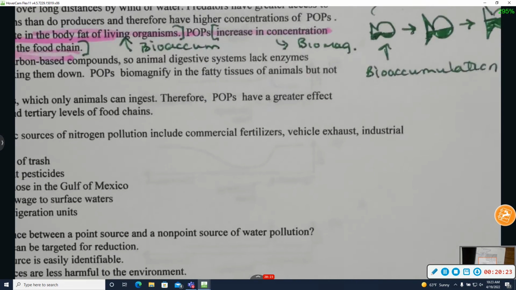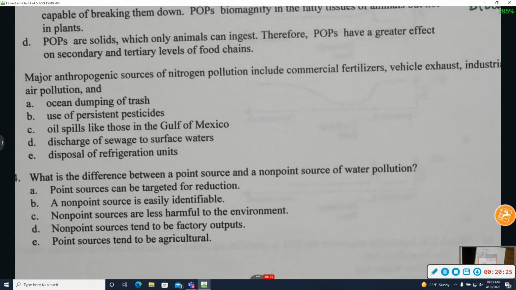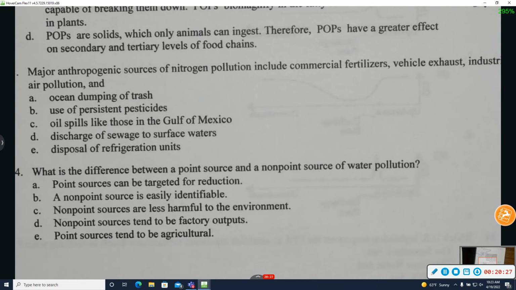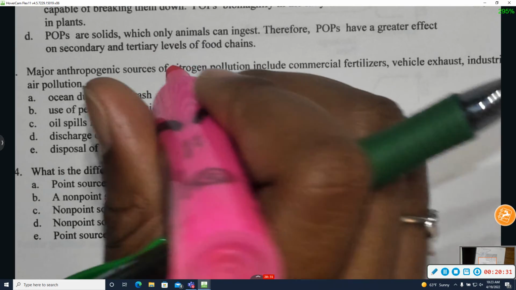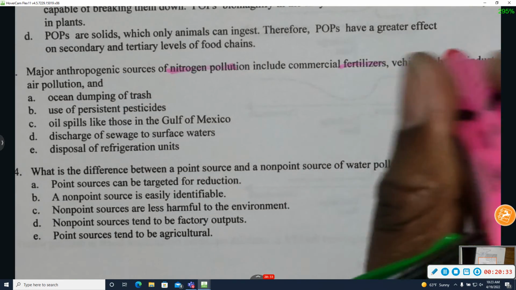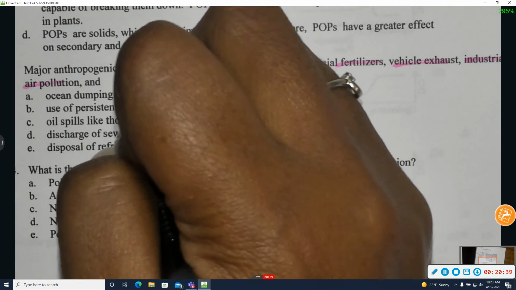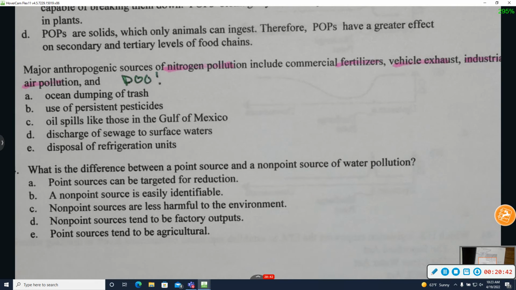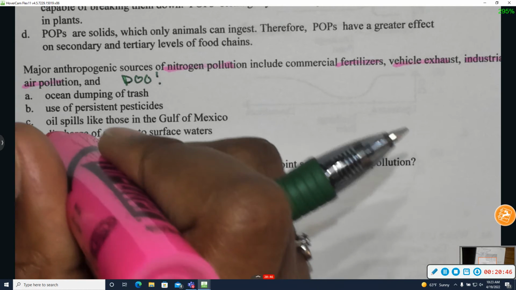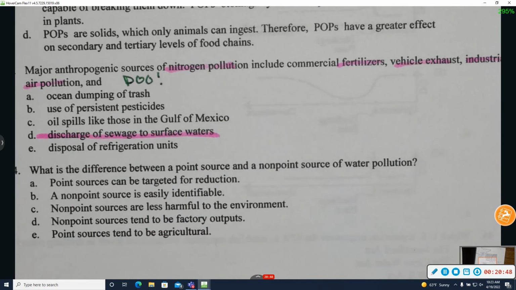Moving on, number 33. Major anthropogenic sources of nitrogen pollution. Nitrogen pollution includes fertilizers, vehicle exhaust, industrial pollution, and I would say anything that has to do with poo. So the answer there is discharge of sewage into waters.